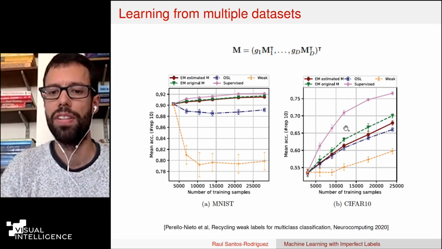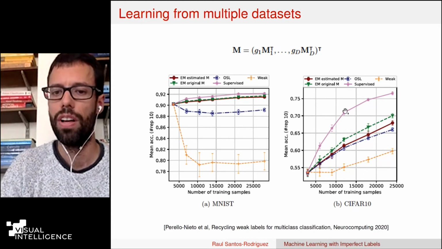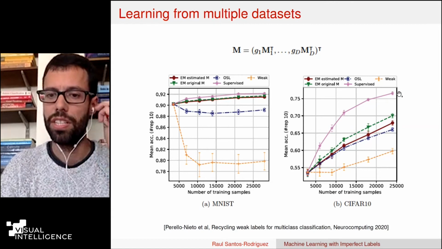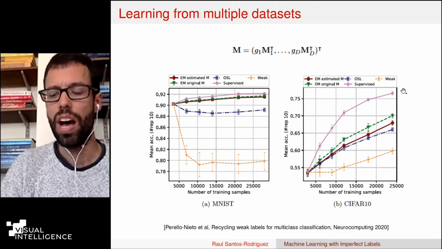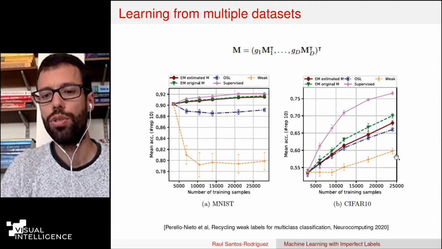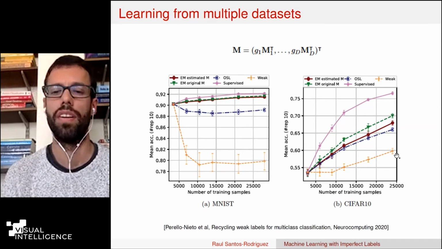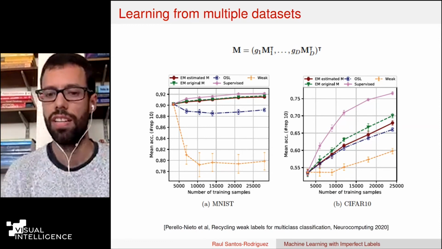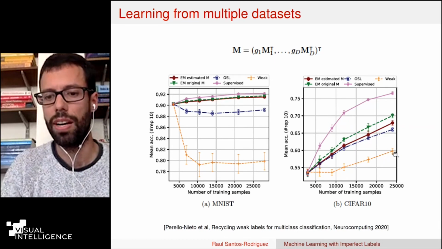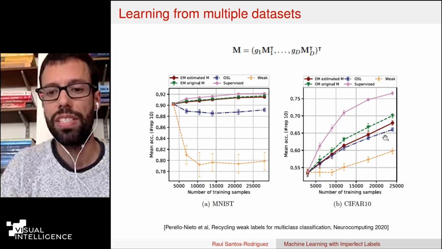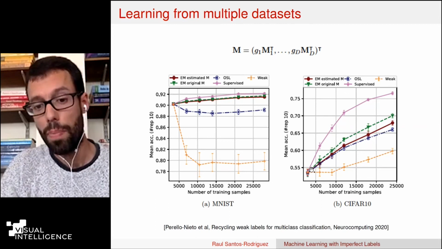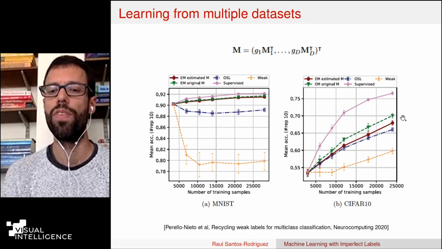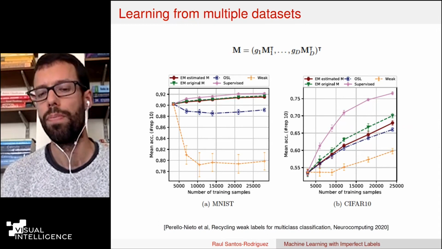And what we tend to analyze in these cases is what happens as the number of training examples goes up, that you have in the x-axis. And what we have is the upper bound of the fully supervised case in classification. So that's as good as we can do. And we have a lower bound, which is let's not do anything about the imperfect labels. Let's just assume that they are perfect and live with that. And that's what we get here in the orange line. Then the rest that you see in here is another upper bound, which is the green one, which is let's assume that we've been given the true mixing process.